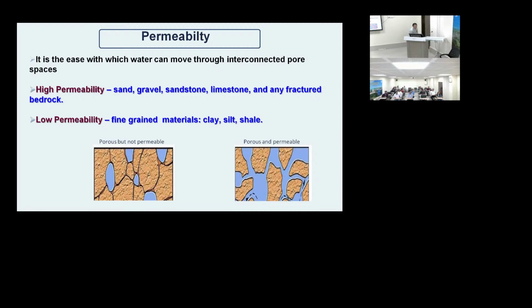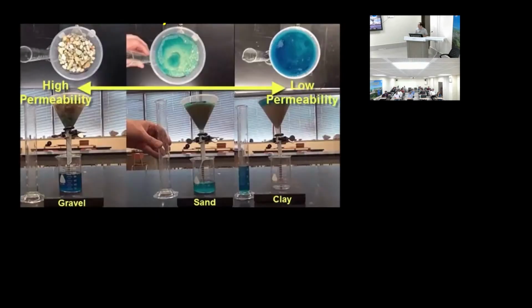Like the earlier example, I will just show how we can say that it has high permeability or low permeability. When we put a funnel and put some gravel and pour water, the water suddenly gets discharged, right? So it has a high permeability because there are interconnected pore spaces.